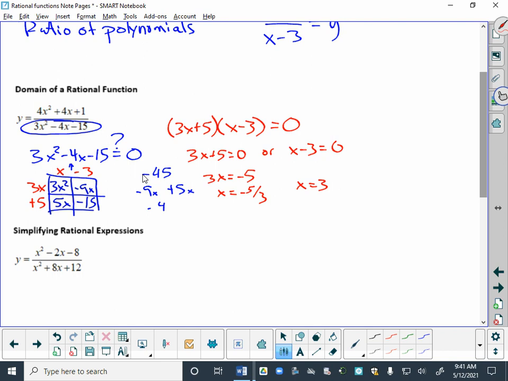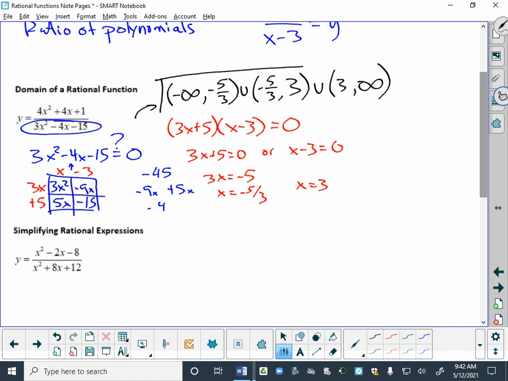So as an interval, we could write the domain of this function as all the numbers from negative infinity to negative 5/3. Pick up again on the other side of negative 5/3 and go to 3, and then pick up again on the other side of 3 and go to infinity. So we could define the domain of that. Okay.